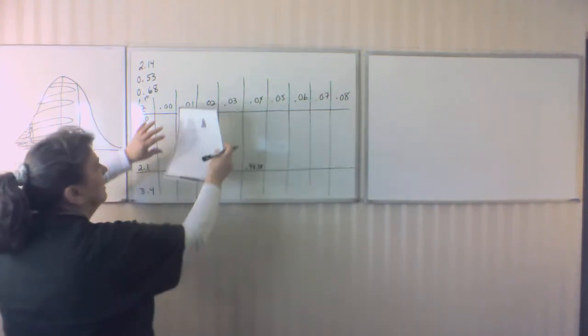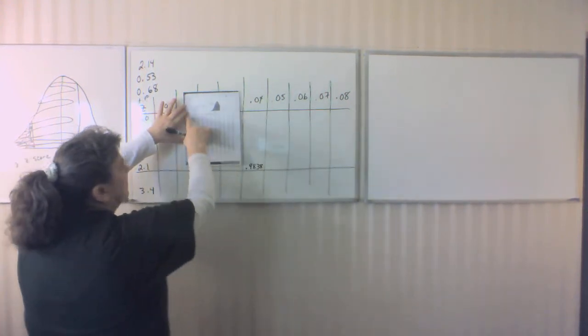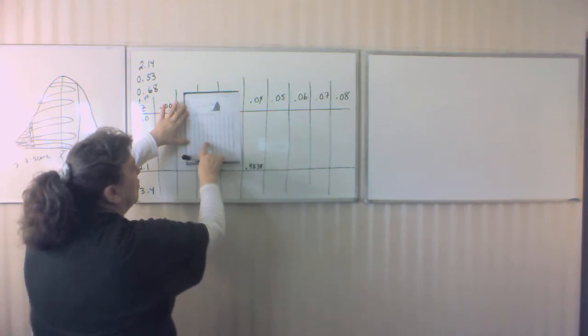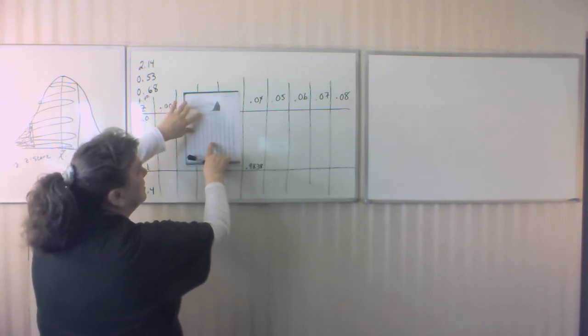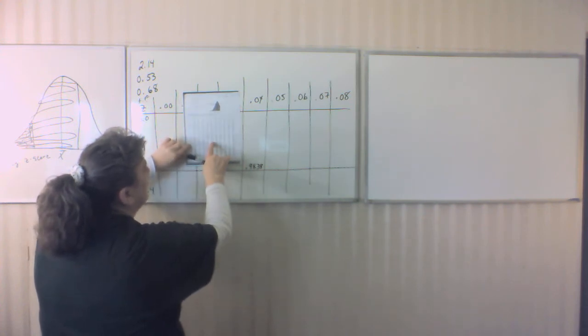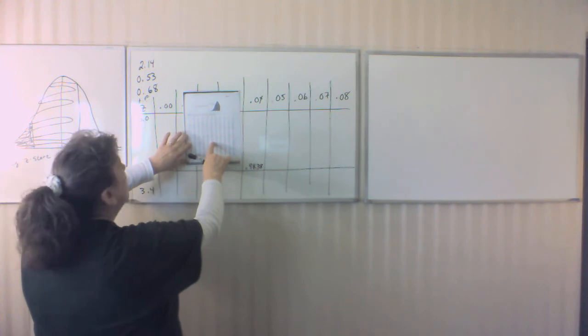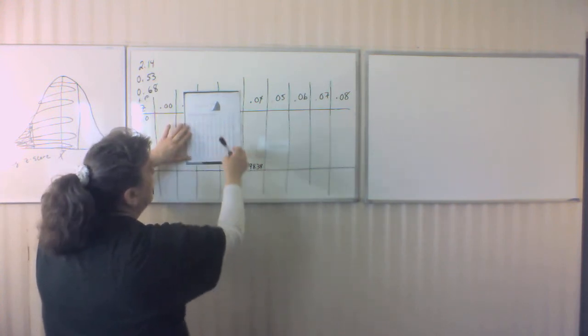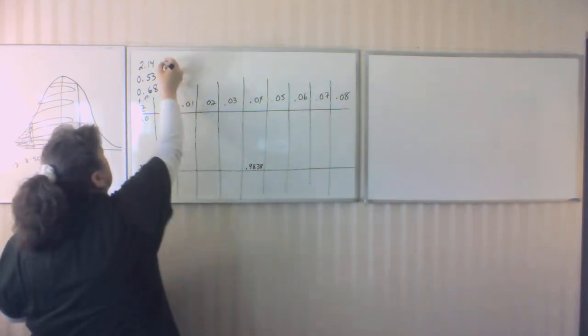Okay? So here's what I would do. Go down this column until I get to 2.1, and then go across till I get to 0.04, because 0.04 plus 2.1 is 2.14, which is what I want. So that is 0.9838.